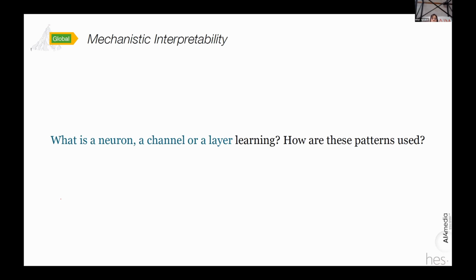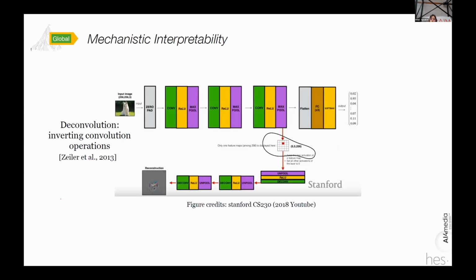Here we are trying to understand what a neuron, a channel, or a layer is learning, and how these patterns are used. If we look in the literature on a temporal scale, what you see is that deconvolution operations were proposed by Zeiler and Fergus in 2013.